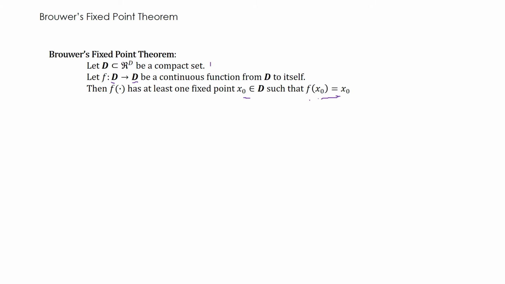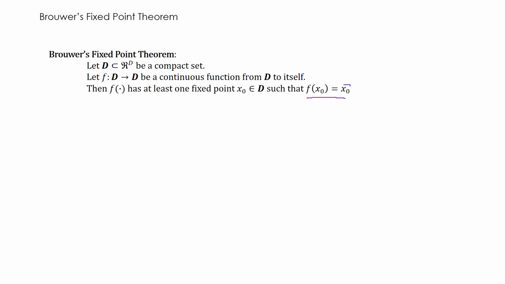And D was homeomorphic to a triangle in 2 dimensions. We shall specifically use this fixed point theorem to show that a Nash equilibrium will exist for any game. And in fact, this fixed point will be the Nash equilibrium point.